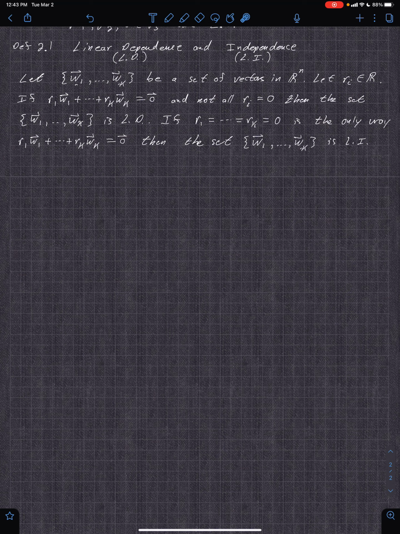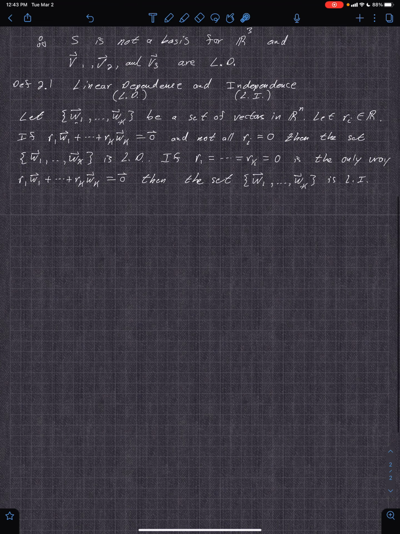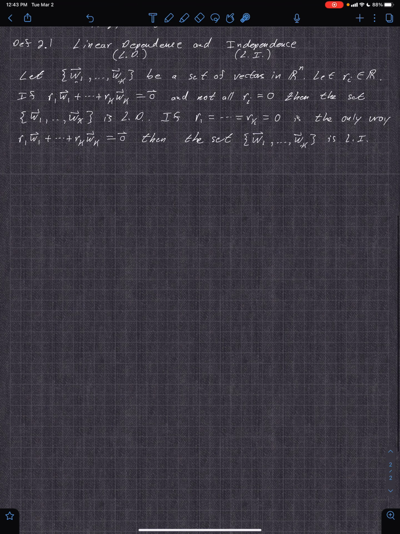Okay, let's go ahead. When you're looking at this form here, this equation is basically this product. So this is how we can use matrices to help simplify this stuff. These are all column vectors like this, and then you're multiplying by those r's, R1, R2 down to R sub k.